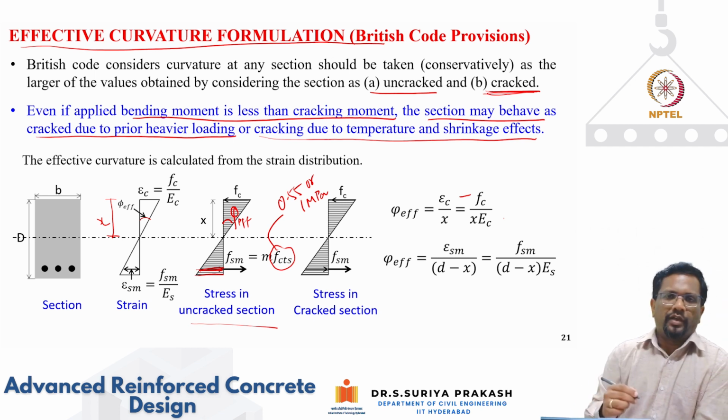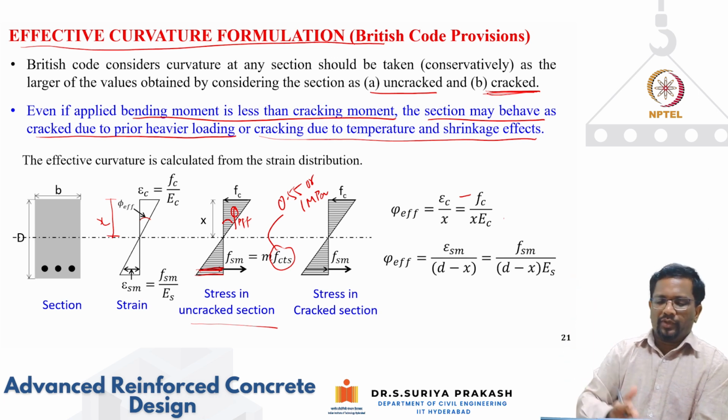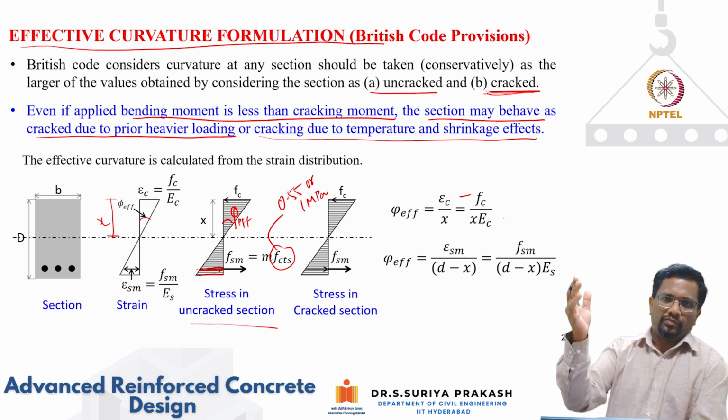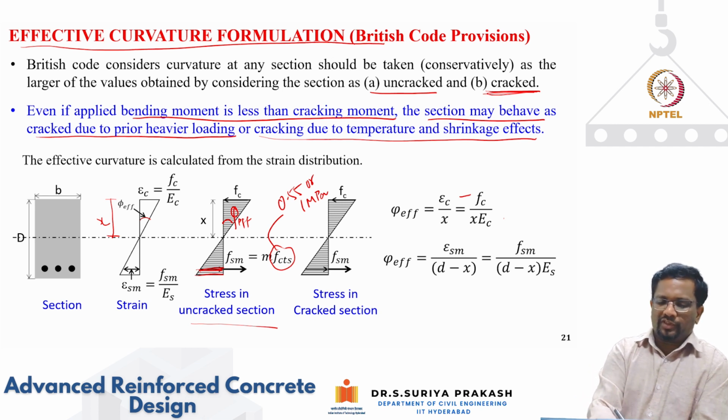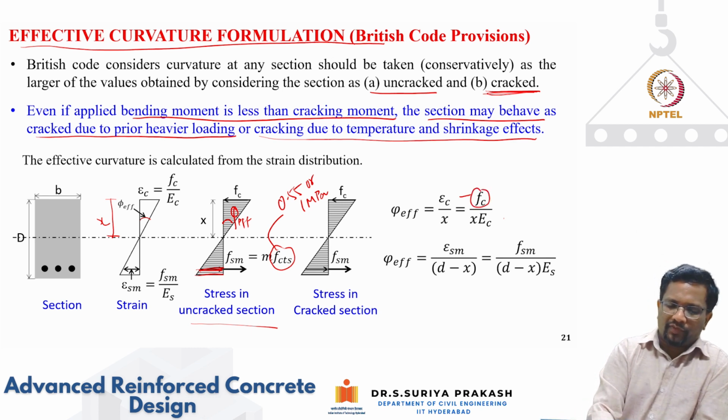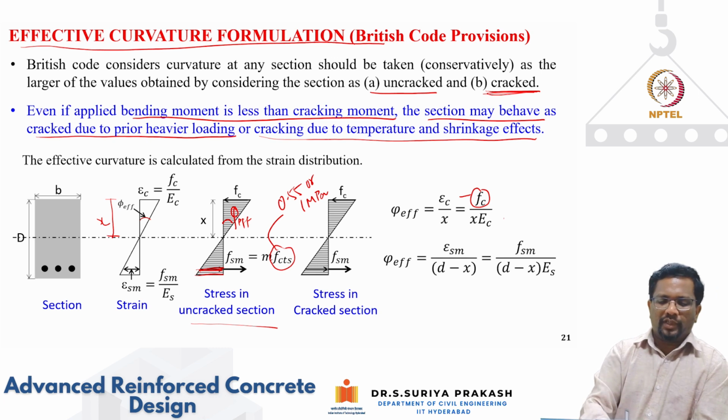Now I can relate epsilon c as fc by Ec, because we are doing serviceability checks and are going to assume that the materials behave in a linear elastic fashion. So if I know the strain, I can get my stress, but here we assume the stresses and back calculate the strain. Now how do you find this fc? I have to put this value as 0.55 or 1 megapascal, and then do the calculations.